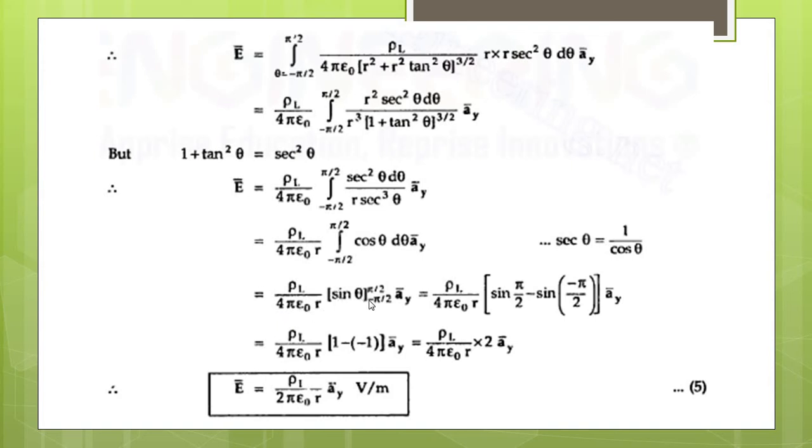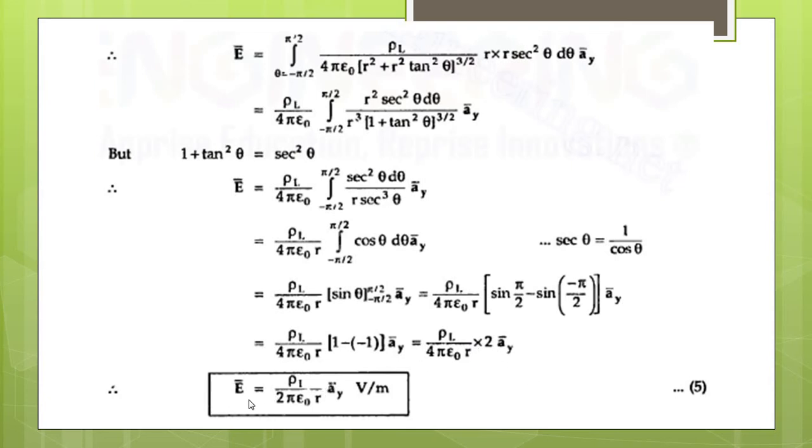Now in place of this theta we need to put the upper and lower limits. So this will be rho L by 4 pi epsilon naught r into sin pi by 2 minus sin of minus pi by 2 into a y. So sin 90 is 1, minus of minus 1, so this minus and minus become plus. So we get 2 into a y, and we can cancel this 2 here.